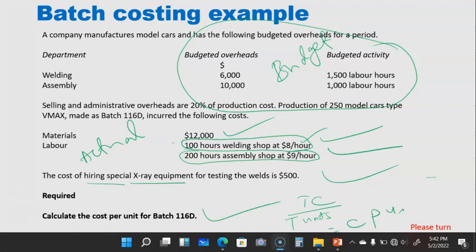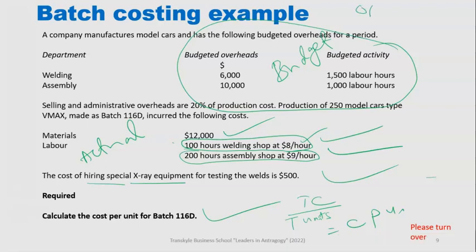The overhead absorption rate is equal to budgeted cost over budgeted activity.